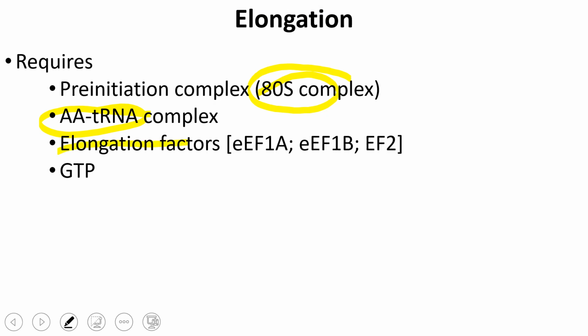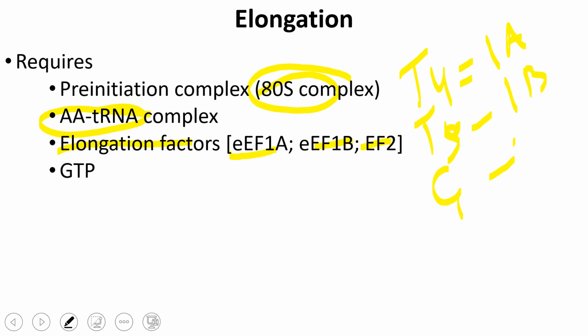We require three elongation factors, similar to prokaryotic cells, where the factors have other names. Here we require 1A, 1B, and 2. In prokaryotic cells, we require EF-Tu, EF-Ts, and EF-G. Here Tu is equal to 1A, Ts is equal to 1B, and EF-G is equal to 2.